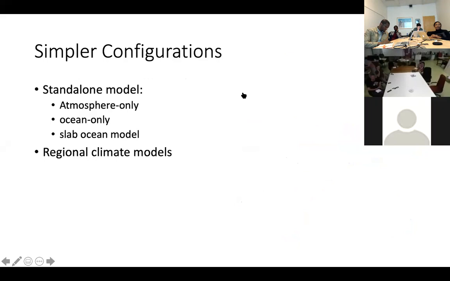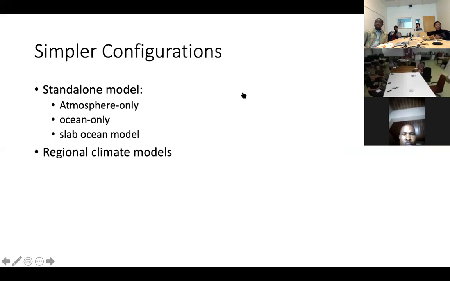So there are simpler configurations that are different from the global coupled or fully coupled model that the schematic just showed. These are mainly standalone simulations or models, where you can run the atmosphere alone or the ocean alone, or you have a slab ocean model. The basic idea is to treat the other climate components as boundary conditions.